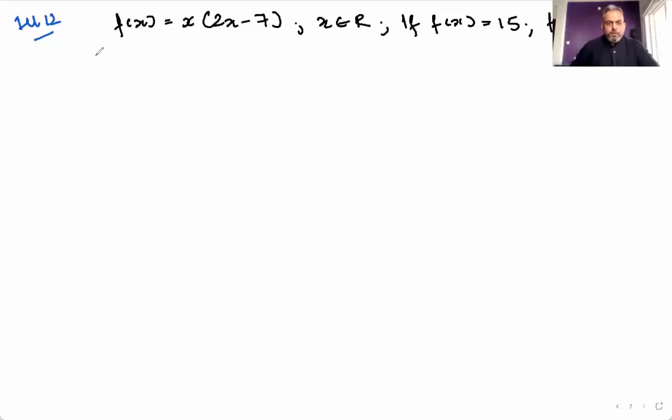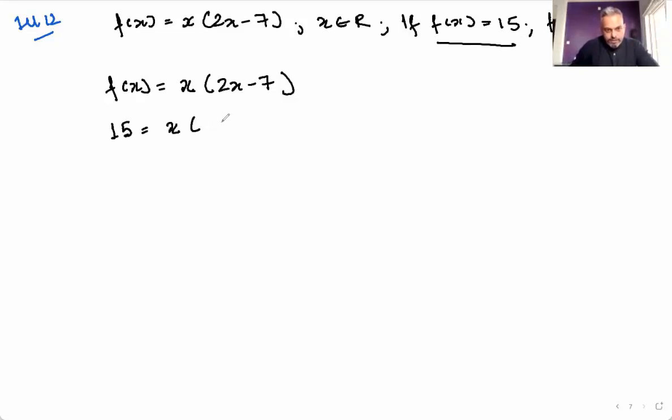Now over here, f of x is equal to x in the bracket 2x minus 7. Here it is given that f of x is equal to 15. So 15 is equal to x in the bracket 2x minus 7.